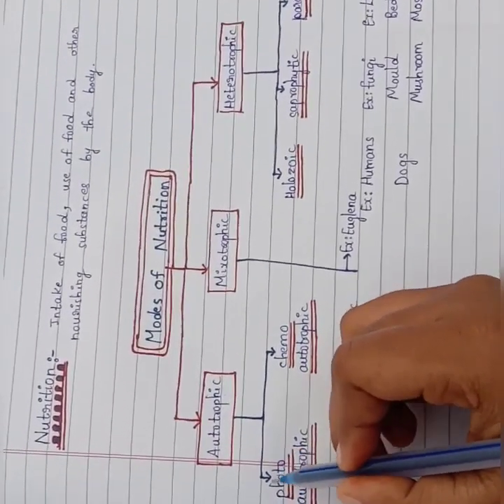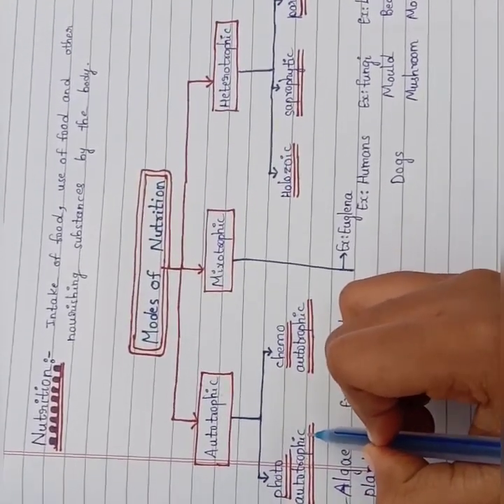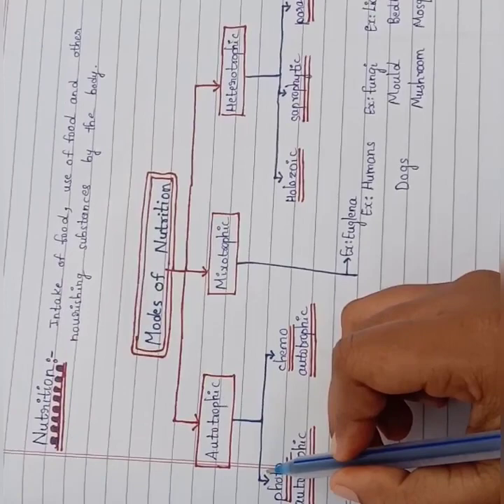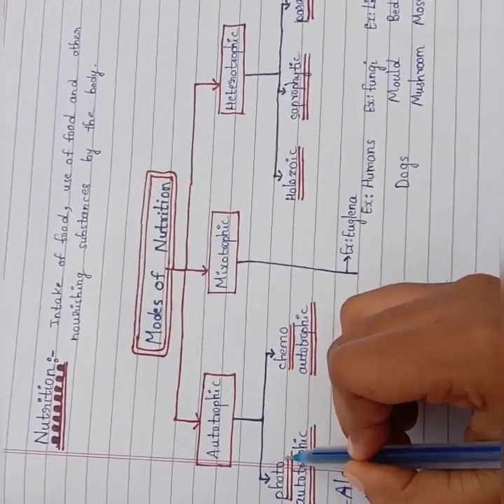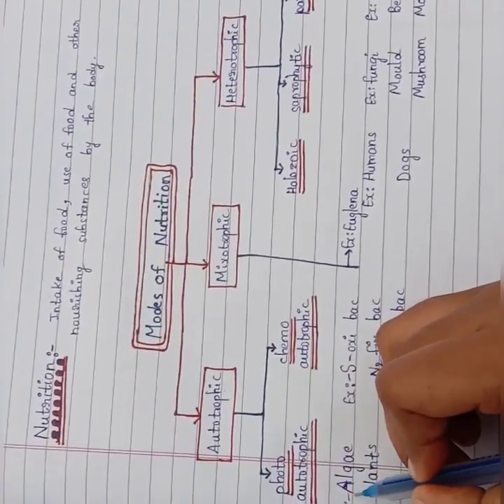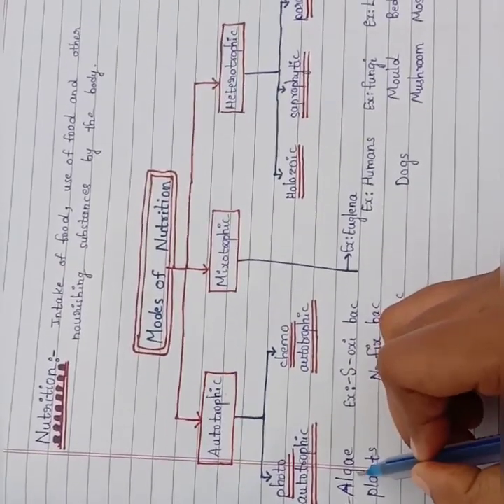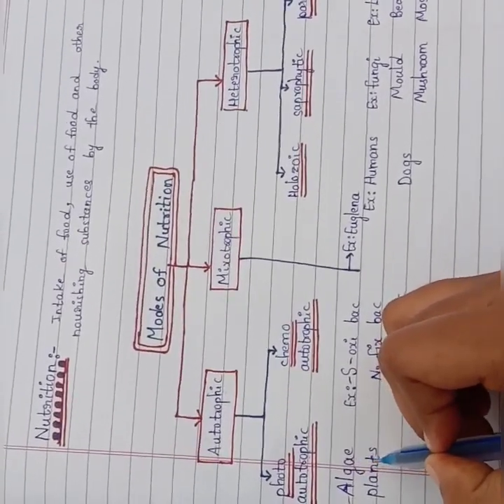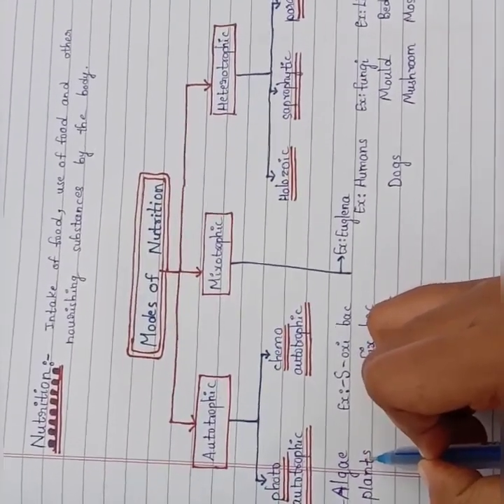Photo means light, sunlight. The best examples for photoautotrophic nutrition are algae and plants. We already know that algae and plants can prepare food by the photosynthesis process, right?